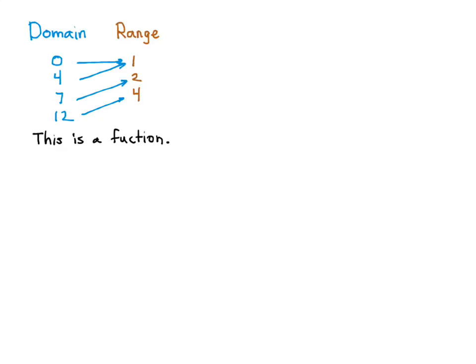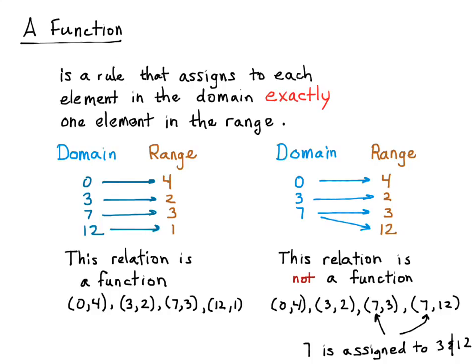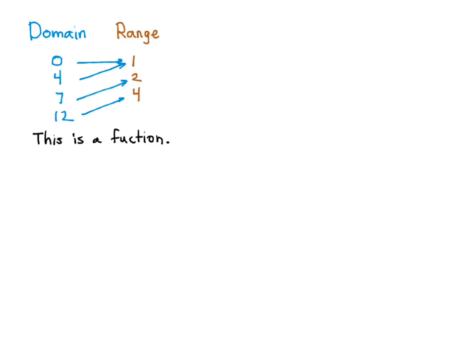So, we have this situation before where I could say, all right, on the right-hand side there, 7 maps to 2 different numbers, and so that's not a function because I get more than one number, but it's possible that a function maps elements of the domain into the same number in the range. Okay, so that's a really important thing.